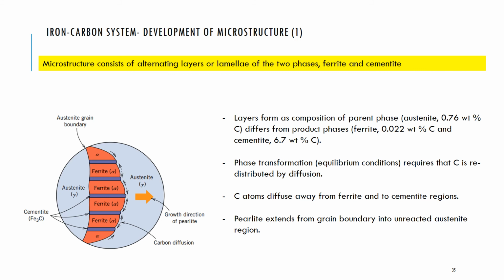So the austenite phase differs in composition to the ferrite and cementite phases. And we know and have looked at an example of this. The phase transformation requires that carbon is redistributed here by diffusion in order to maintain equilibrium. So carbon diffuses away from the ferrite and to the cementite regions.